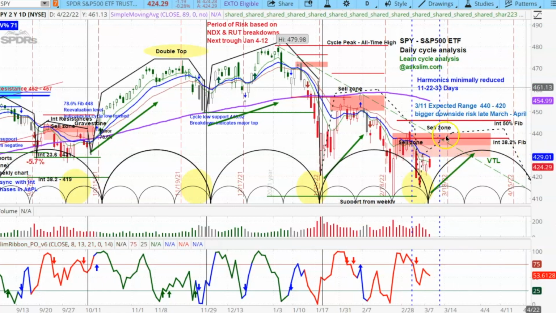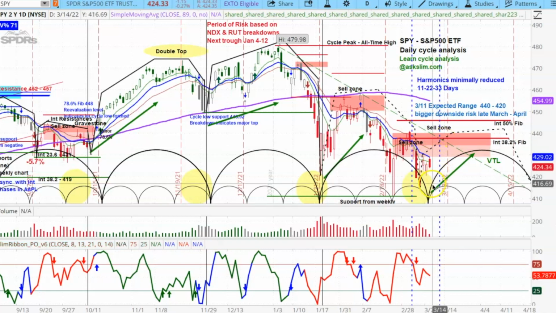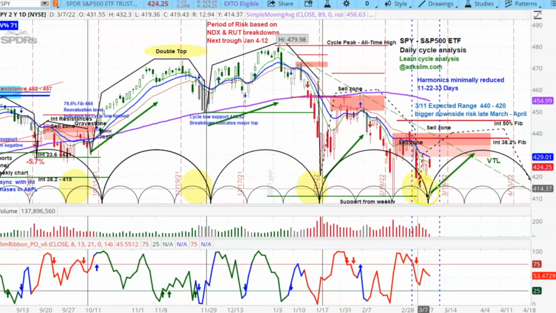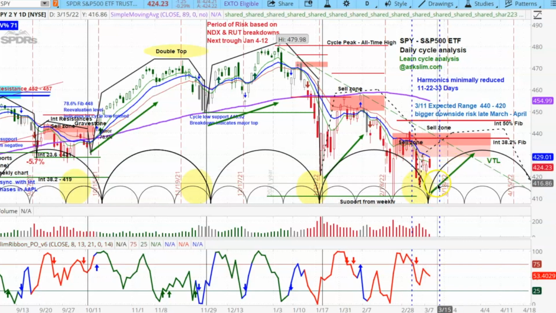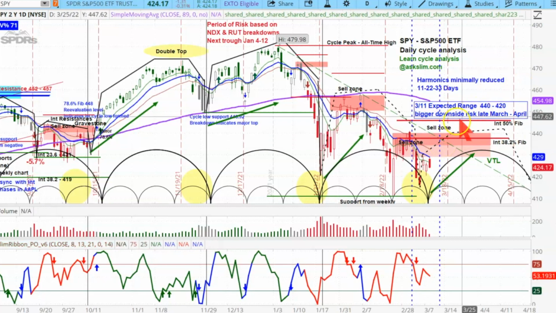If the market happens to sell off hard over the next couple of days and test this again, that doesn't change this analysis. All it does is put it out a day or so, because you can see these blue lines. That's the variance of the timing on the bottom. So we believe we're in a short-term bottoming period, and that it will overall, though I think very choppy and very wide swings, try to get up into these upper levels right over there, and then begin to move to the downside.